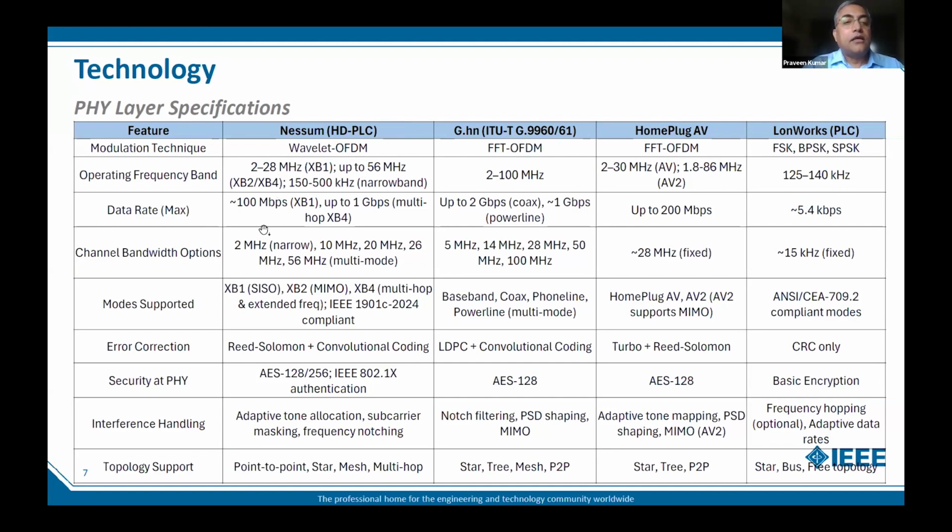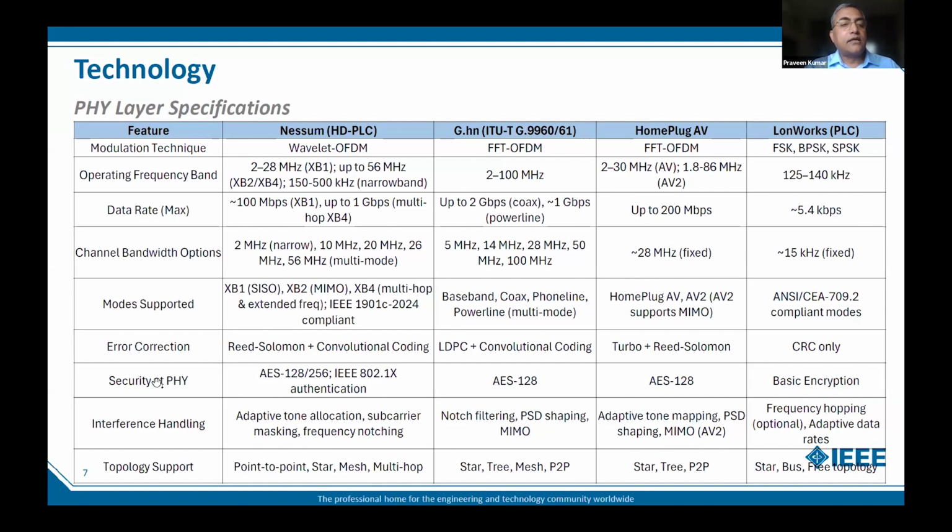It also supports different modes, like single-in single-out, and MIMO. So you have multiple wires like earthing and neutral, so signals can be transmitted and received on multiple wires. So MIMO is also supported. Then multi-hop, we already discussed, up to 10 hops it can support.